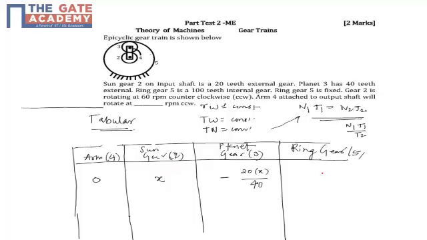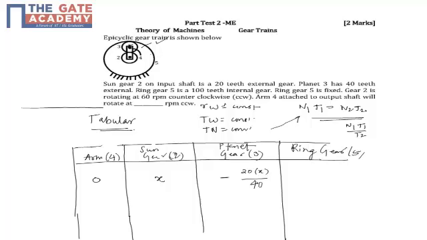Now the ring gear: because the planet gear rotates anti-clockwise, the ring gear also rotates anti-clockwise, since it has internal teeth. Imagine 3 rotating anti-clockwise; it will make 5 rotate anti-clockwise too, because this is an internal mesh, not external meshing of teeth.